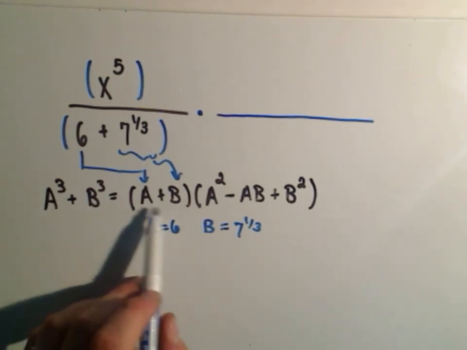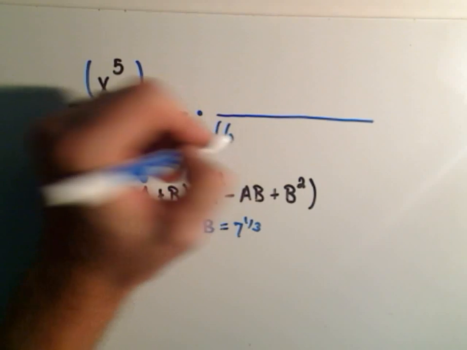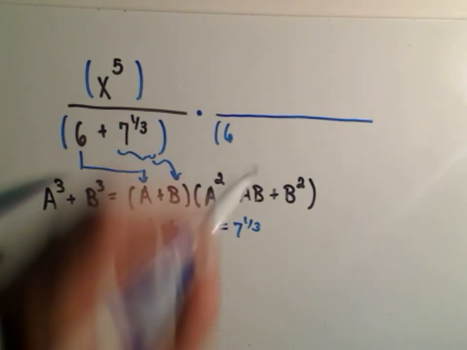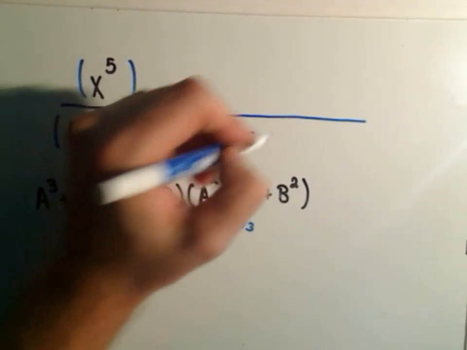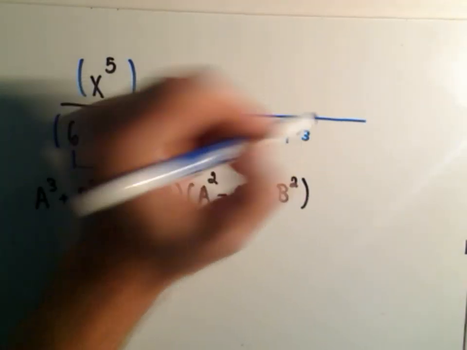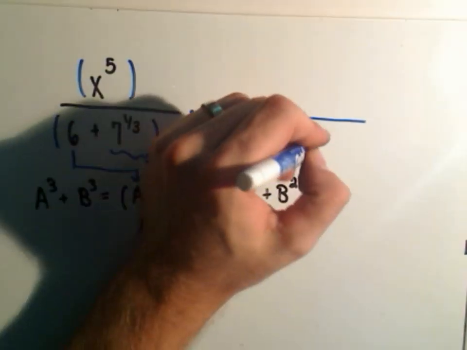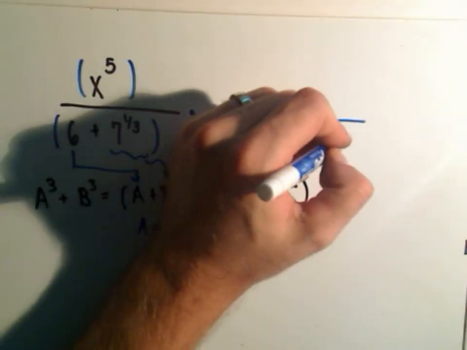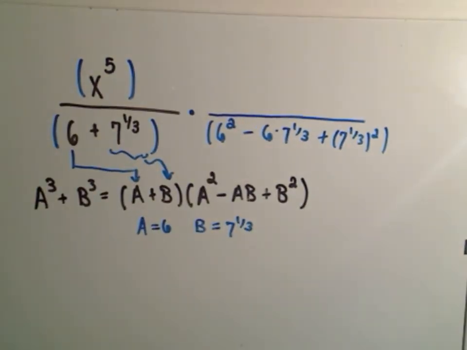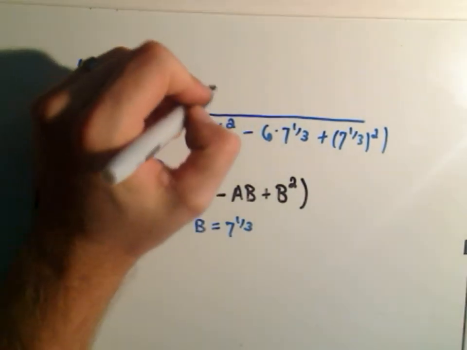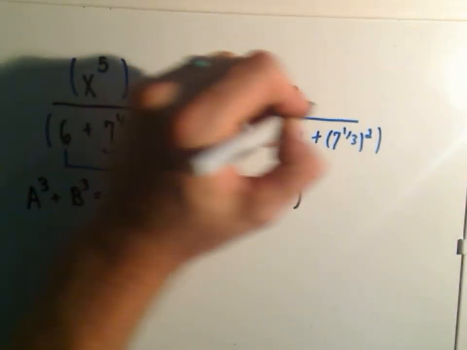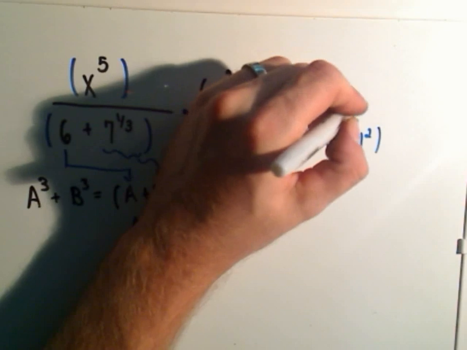We've got a plus b, so we're going to multiply by a squared, which is 6 squared, minus a, which is 6, times b, which is 7 to the 1/3 power, and then we add b squared, which is 7 to the 1/3 power, all squared. If we multiply it to the bottom of our fraction, we have to do it to the top as well. So 6 squared minus 6 times 7 to the 1/3 plus 7 to the 1/3 squared.